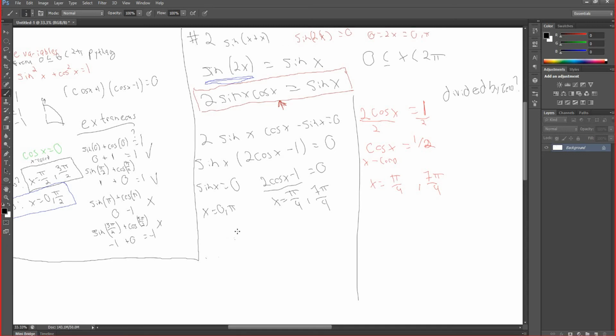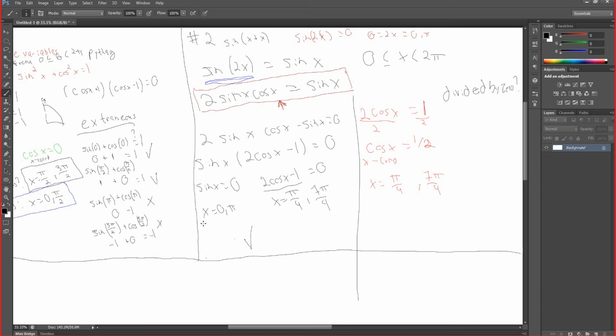I'm going to put a question mark. On the left side, we aren't possibly dividing by 0, I never once divided by sine of x. All I did was subtract and then factor it out. So when we're dealing with these problems, it is best to avoid dividing by a function like this to try and cancel it out.